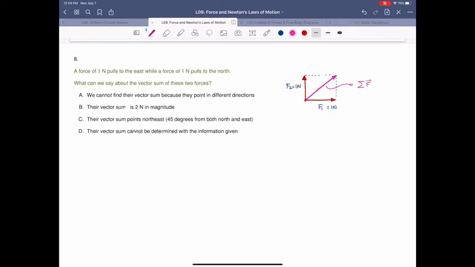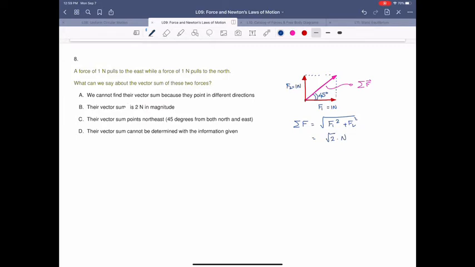In terms of the angle that it makes, well, since these have equal magnitudes, this angle right here is going to be a 45-degree angle. And in terms of the magnitude, since F1 and F2 are perpendicular to each other, it's going to be the square root of F1 squared plus F2 squared, and that's going to be square root of 2 newtons.